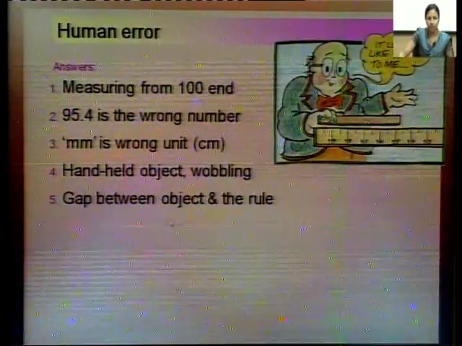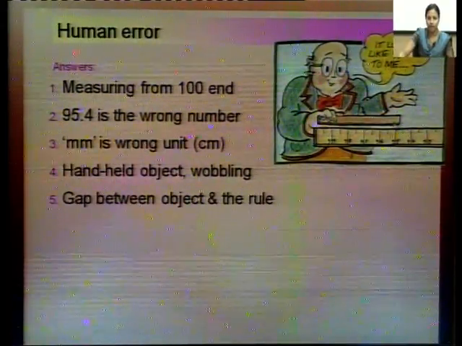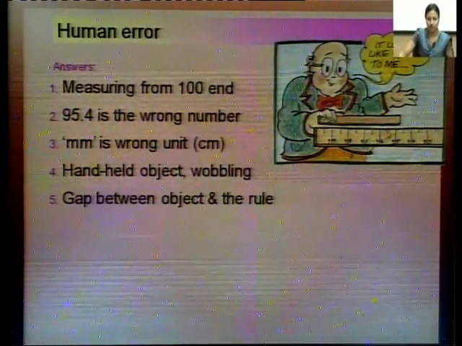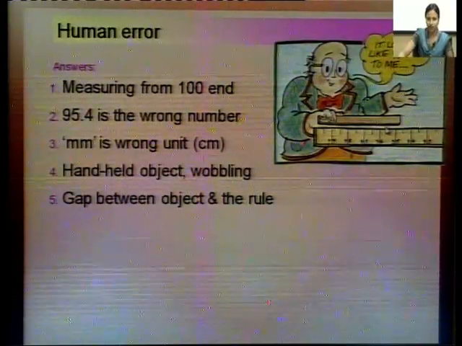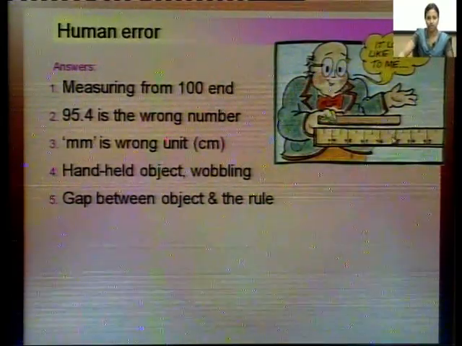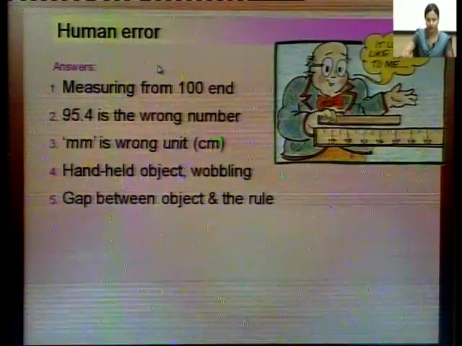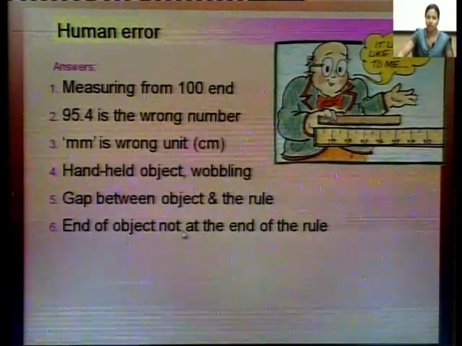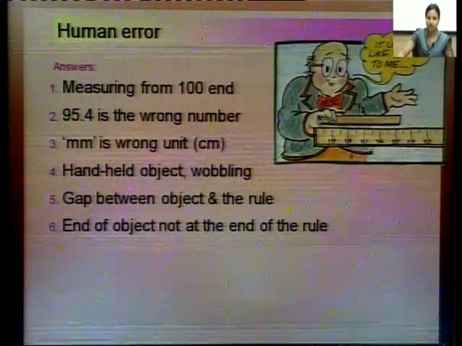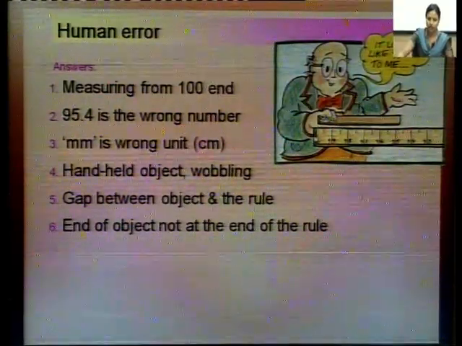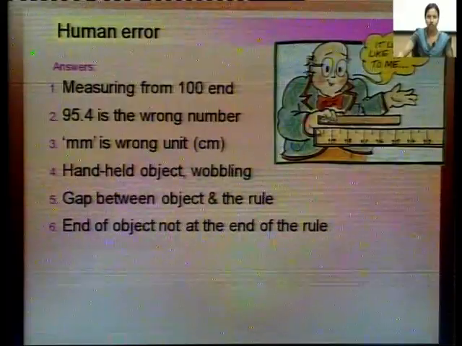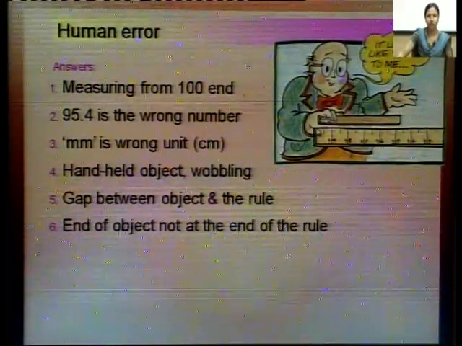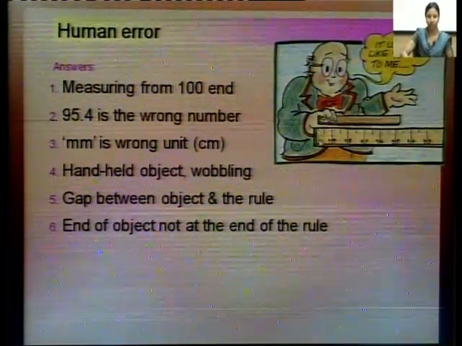Next human error is the gap between the object and the ruler. This gap also creates an error which comes under human error. Next error is the end of the object. This end is not at the starting point of the ruler.